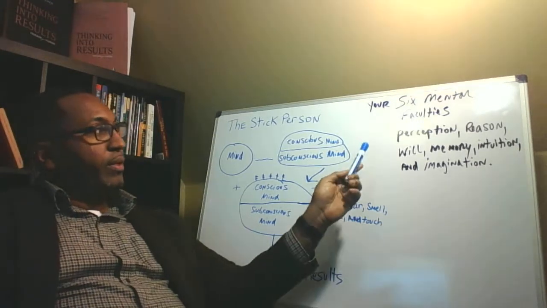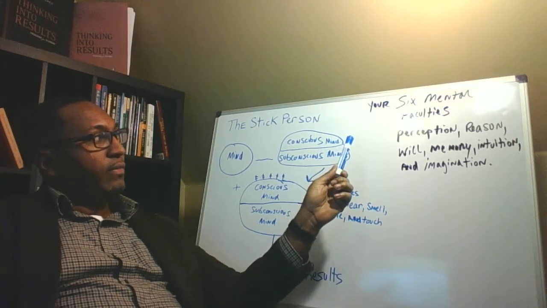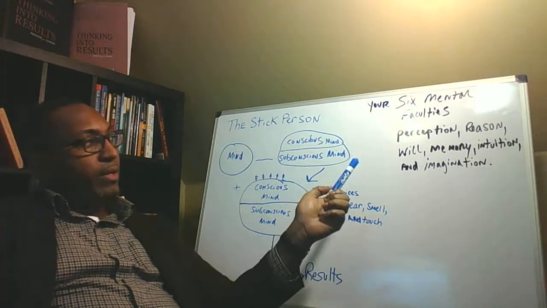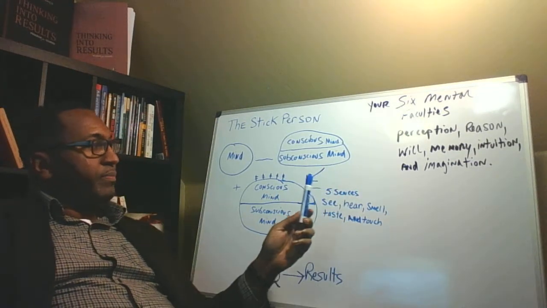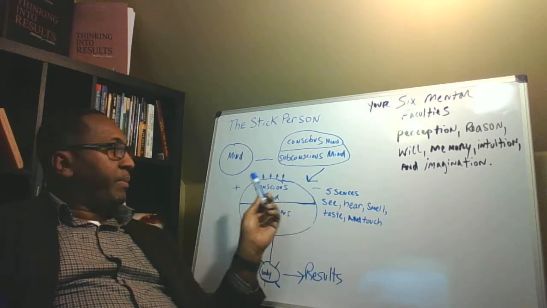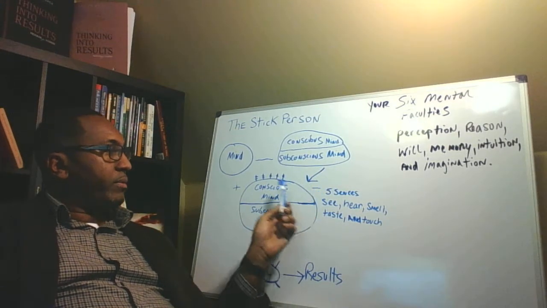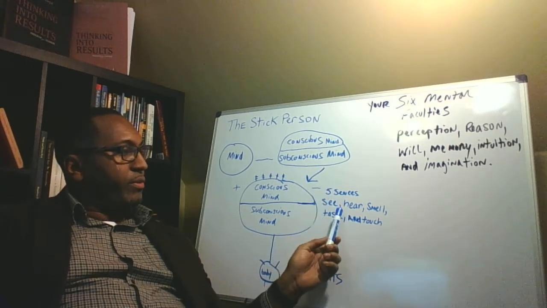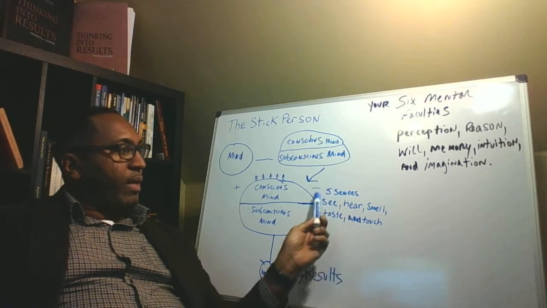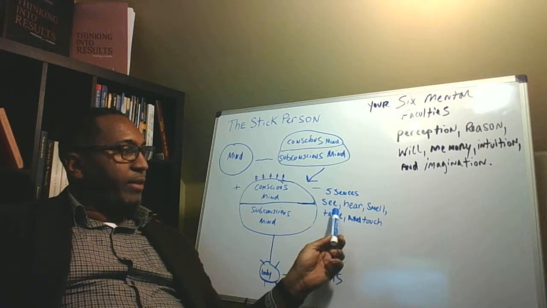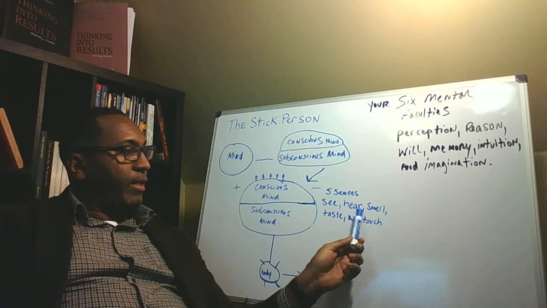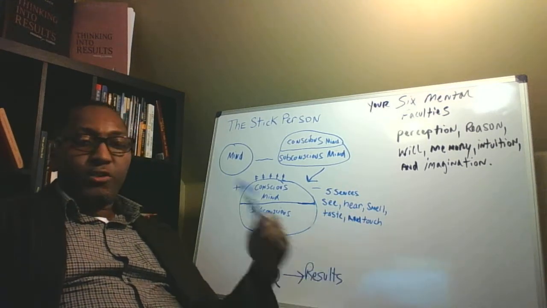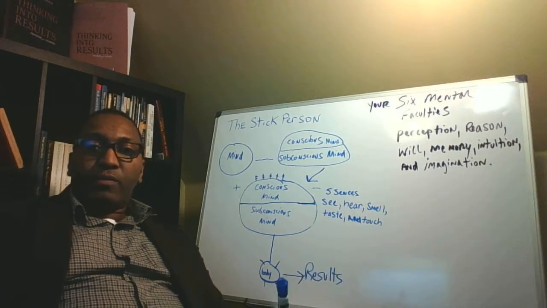Now, as you can see up here, you are governed by six mental faculties. And that plays an important part because you can either be thinking of a negative emotion or a positive emotion. Thinking of negative emotions keeps you around the five senses right here, seeing and hearing and smelling, tasting and touching things that you just see in your environment.